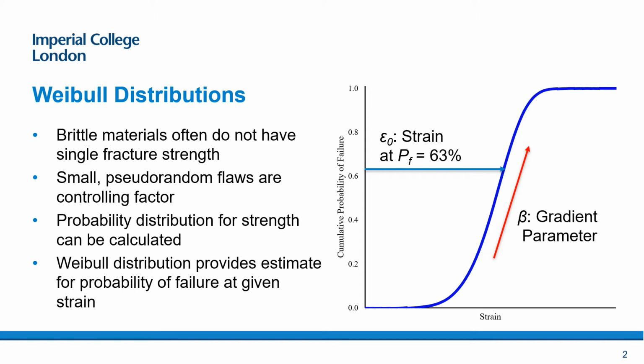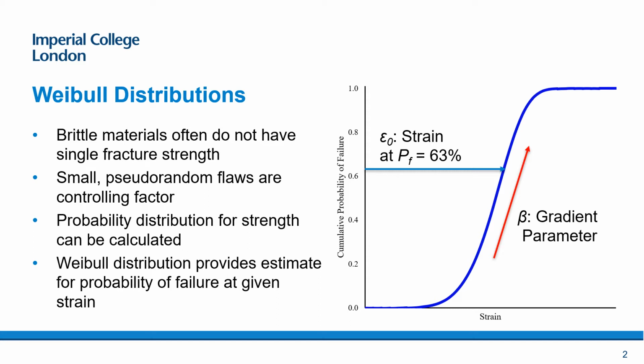And instead of being able to just yield and blunt these flaws, in brittle materials, eventually you get fracture nucleating on these flaws. So you've got a random distribution of these cracks and flaws in your body, and this leads to a random distribution of fracture strengths for a given brittle material.